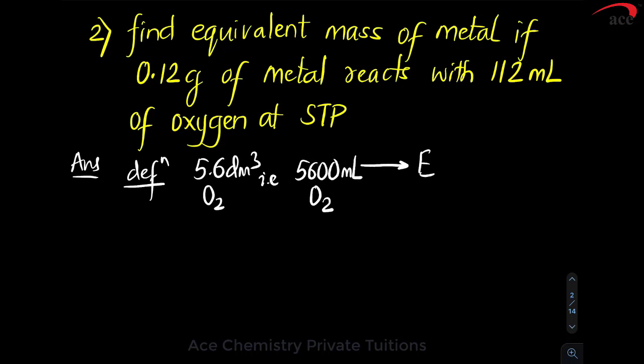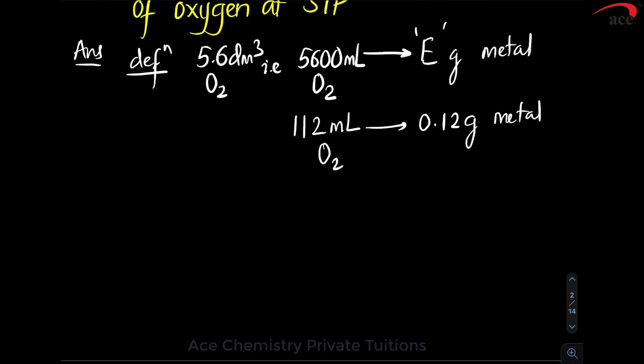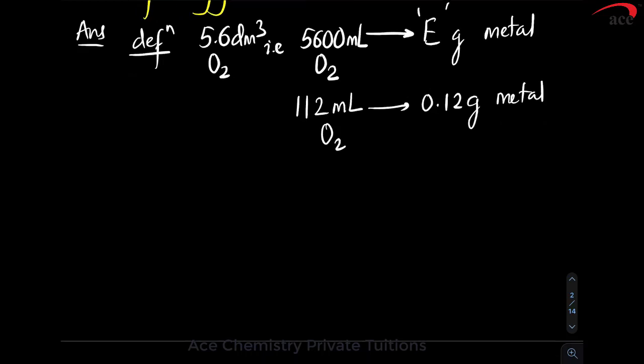Now, instead of 5.6, can I write 5600 ml of oxygen, converted to ml? This much gram of the metal. What is given?